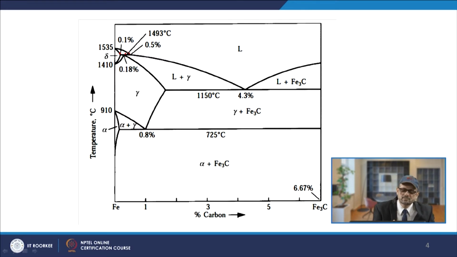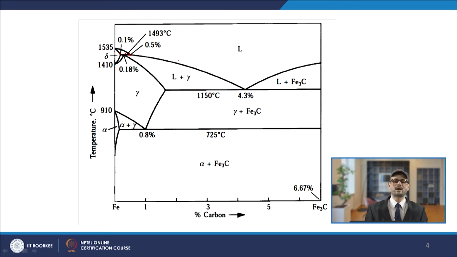We are talking about a point which, so this is 0.18, so this will be 0.2, and just below that it is going into this liquid plus gamma zone. Now, in this liquid plus gamma zone, if you draw a tie line, it will be touching somewhere close to this on this side, and another point will be just here, that is 0.18%. So, one side is for the gamma, another side is for this liquidus line. So, you have the formation of gamma phase as well as the liquid.